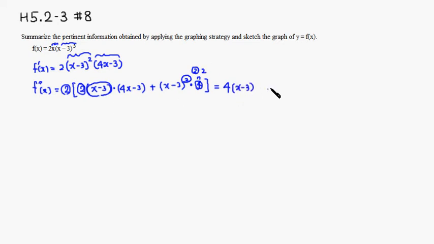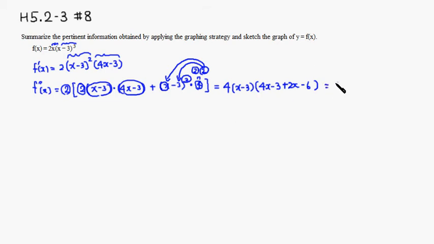And what's left is 4x minus 3, and you're going to have 2 times x, so it's 2x, and 2 times negative 3 is negative 6. So clean that up.